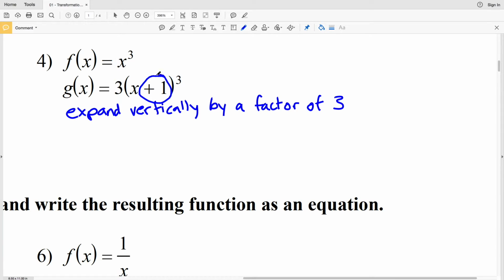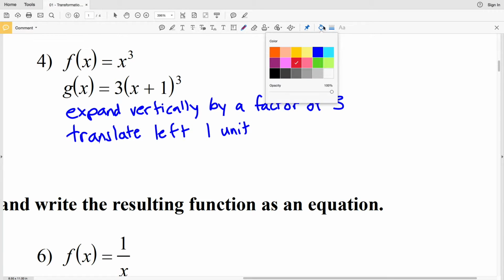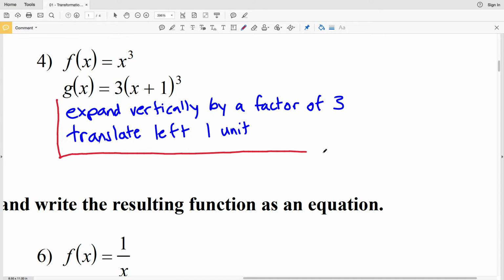Adding a positive number is going to move the function to the left. Adding a negative number is going to move the function to the right. So we are going to be moving this function to the left 1 unit. So translate left 1 unit. And that is how you transform f of x into g of x for number 4.